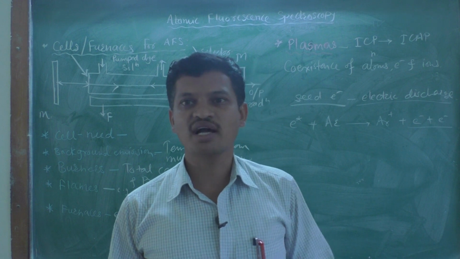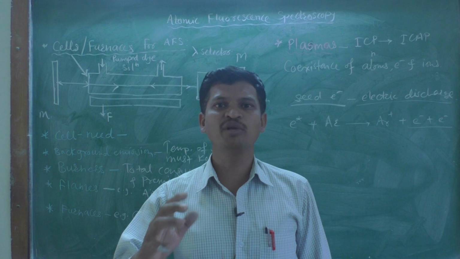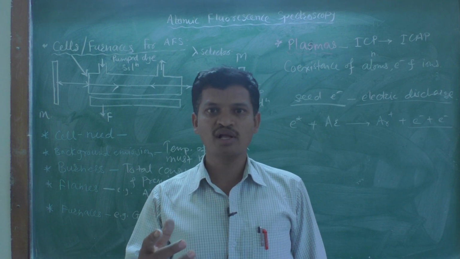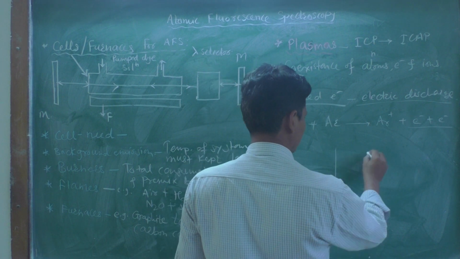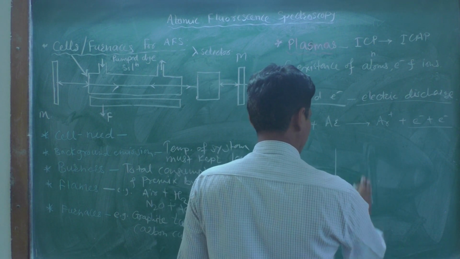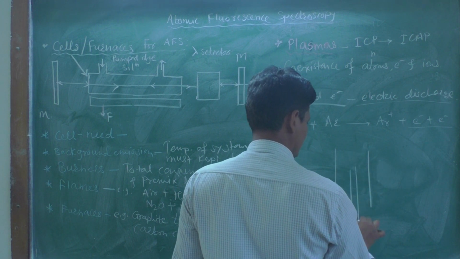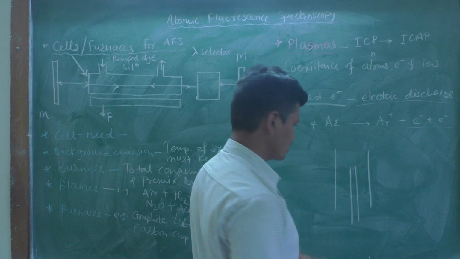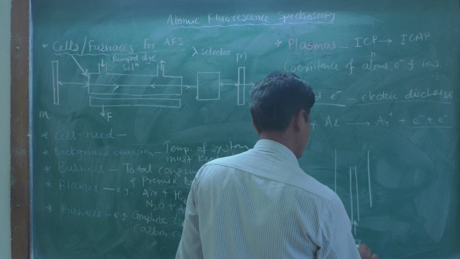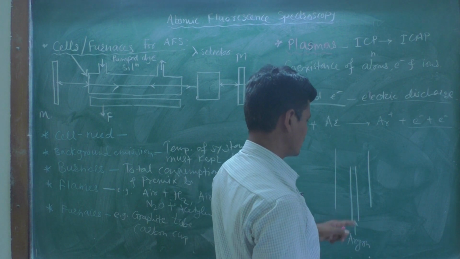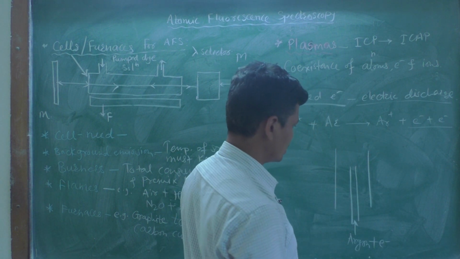Now why is it called inductively coupled? Because a magnetic induction has been introduced with the help of a copper coil. A cylindrical apparatus is there, and in this cylindrical apparatus there is a central tubing through which argon gas and electrons have been introduced.